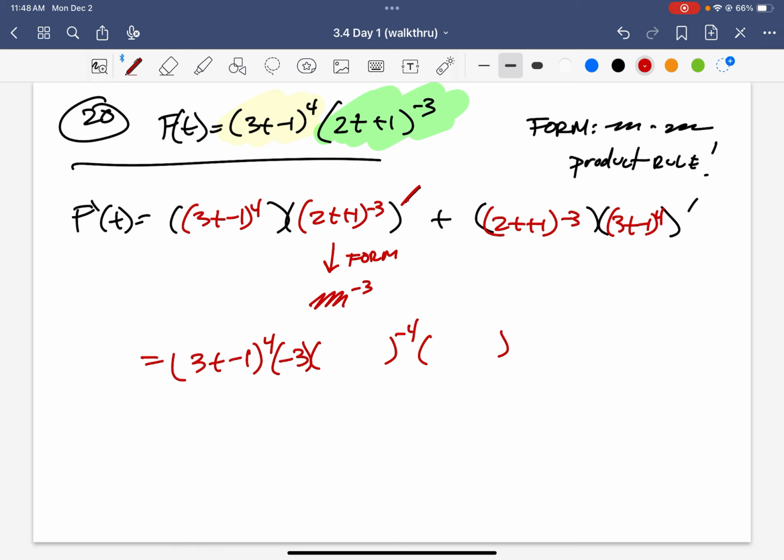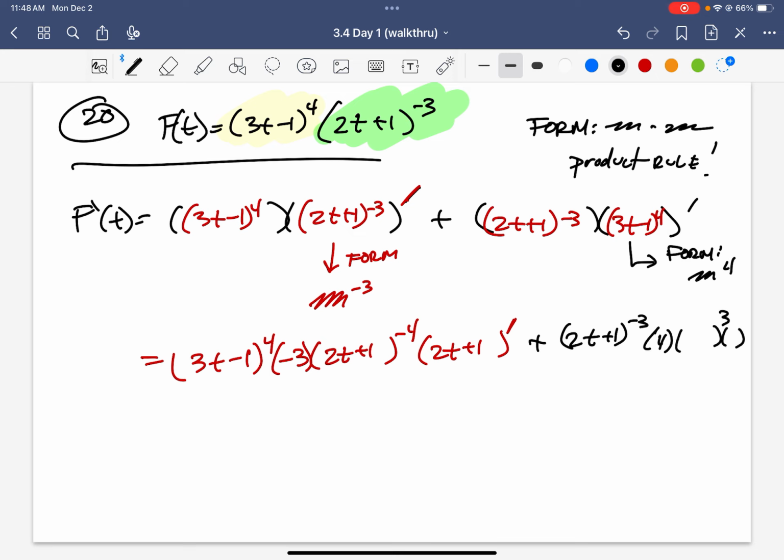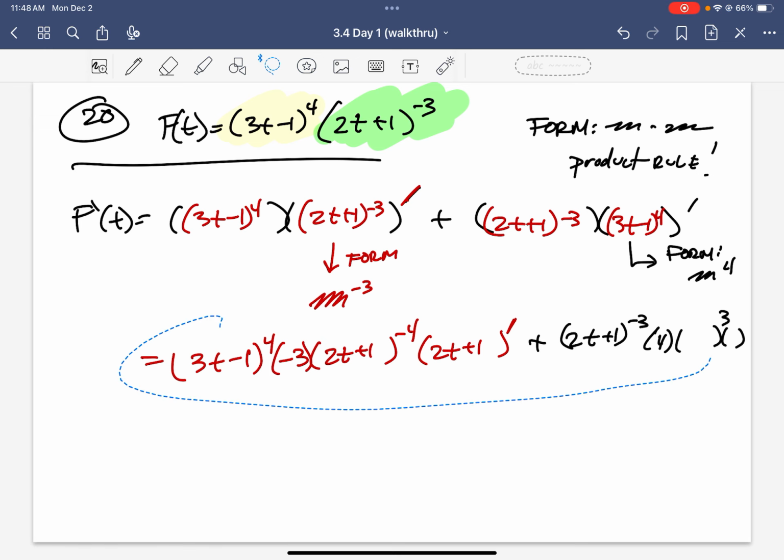Don't forget to follow through with the derivative of the inside. So it's going to be this times the derivative of that inside. Over here, this comes along for the ride. But then the form of this thing is just stuff to the fourth. So its derivative is 4 stuff to the third times the derivative of that inside.